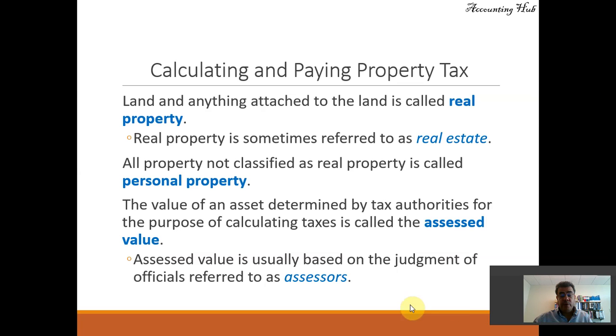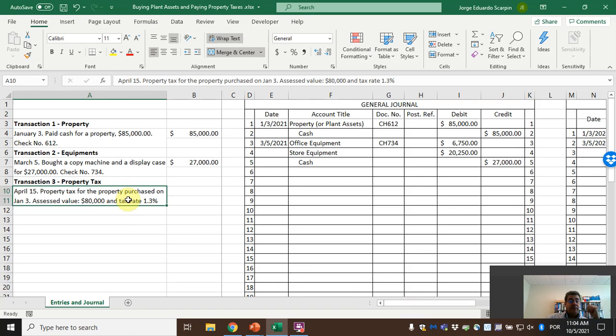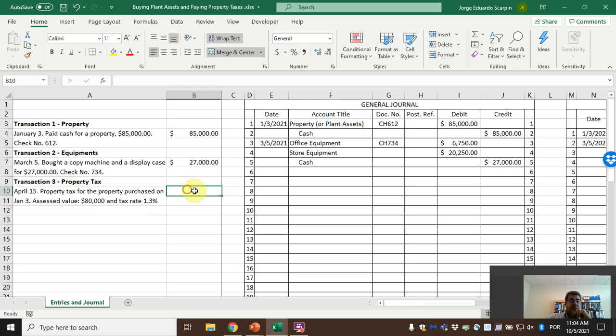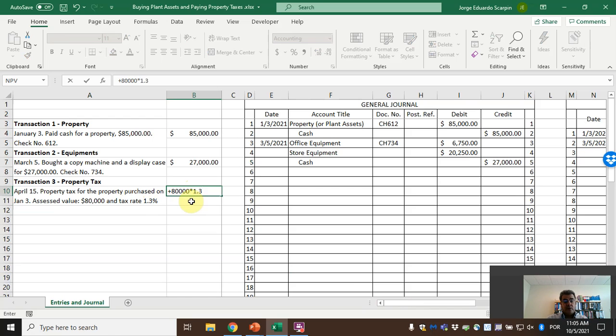So how do we record it? That is easy. Property tax, asset value $80,000, tax rate 1.3%, so 80,000 times 1.3%, $1,040. So April 15th, property tax.